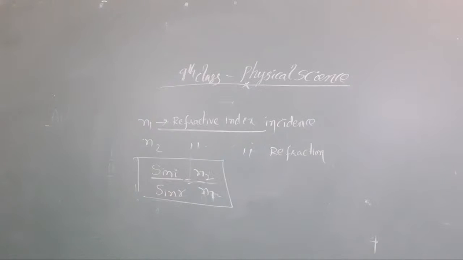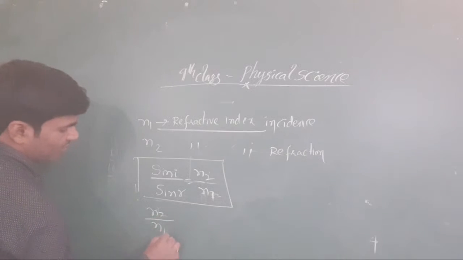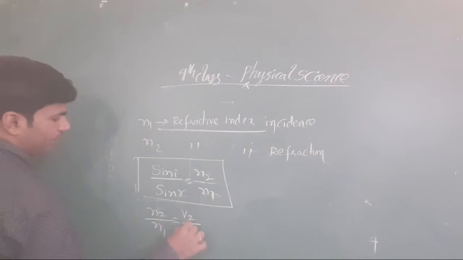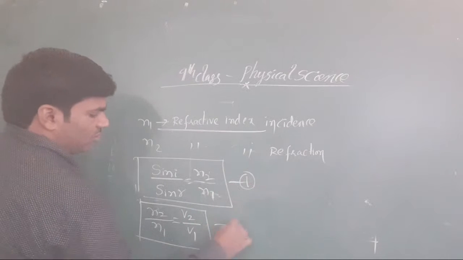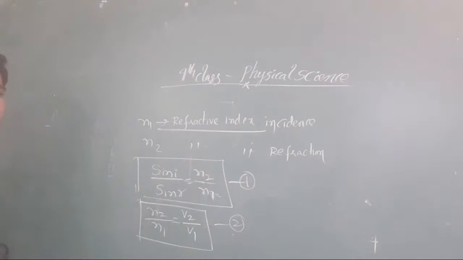And now you know very well, N2 by N1 is equal to what actually? N2 by N1 is equal to V1 by V2. From this one, what did you write? Now, this is equation number 1, this is equation number 2.